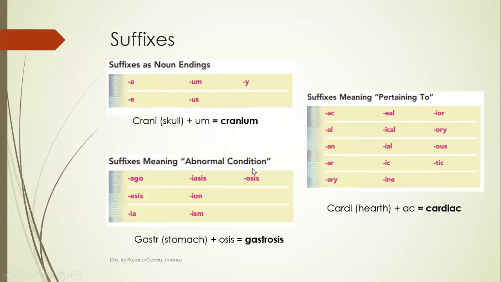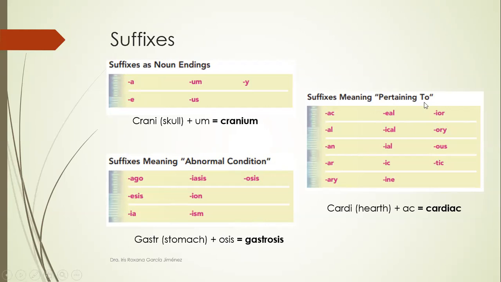An abnormal condition, we have all of these meanings: ia, iasis, ion, ism, osis. And we know this: gastr, the word root, the vowel O and osis could be gastrosis. Easy.